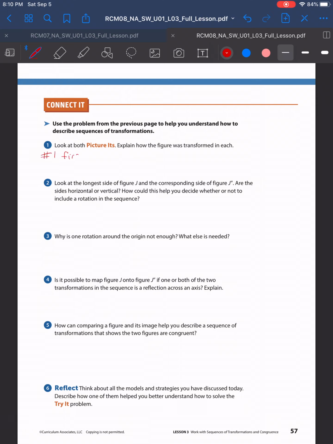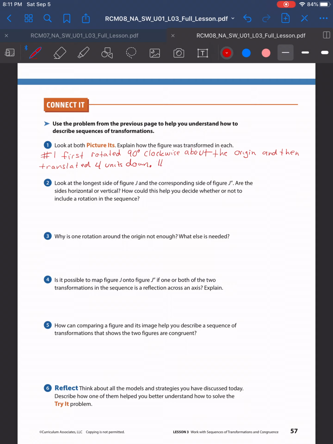First, rotated 90 degrees clockwise about the origin, and then translated 4 units down.